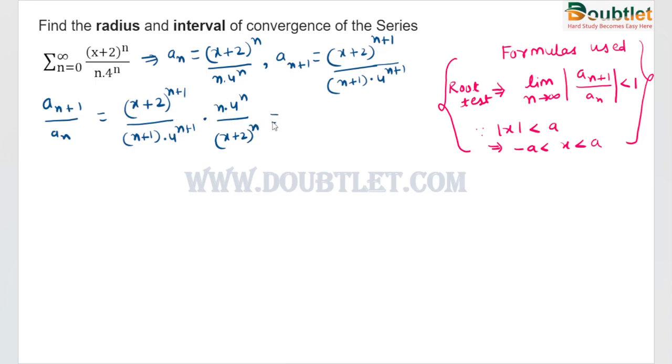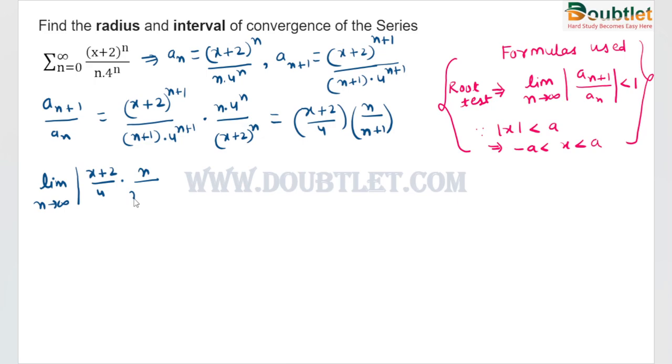Cancelling the powers, it becomes (x plus 2) divided by 4, times n divided by n plus 1. Now we put the limit n tending to infinity of the mod of this term: (x plus 2) by 4, and if we take n common it becomes 1 plus 1 divided by n.